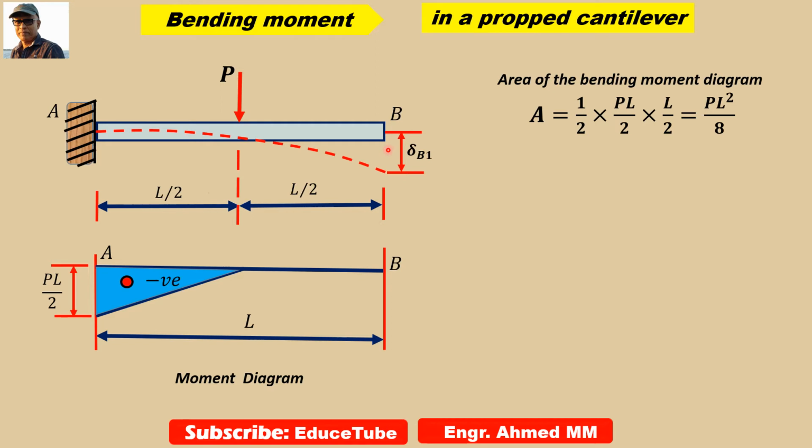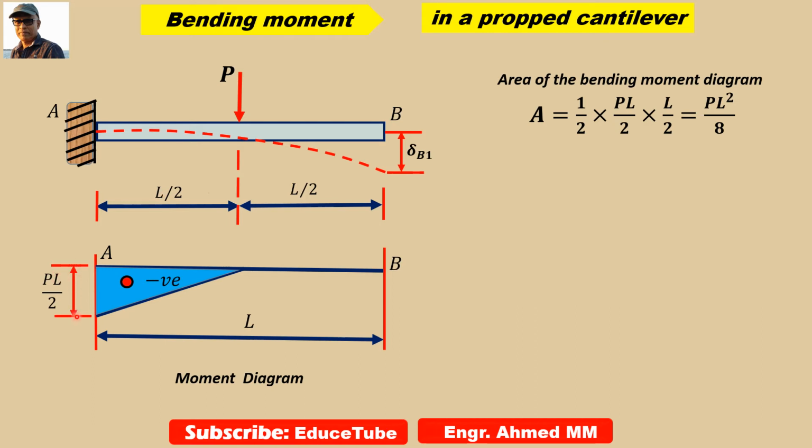Now to find the deflection, we can use double integration method or moment area method. Here I am using the moment area method. So what is the procedure? First we have to draw a bending moment diagram for this load. P acting here, if I take moment about A, surely it will be P multiplied by L by 2.